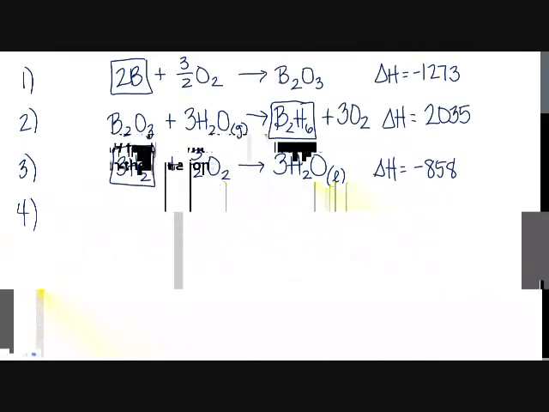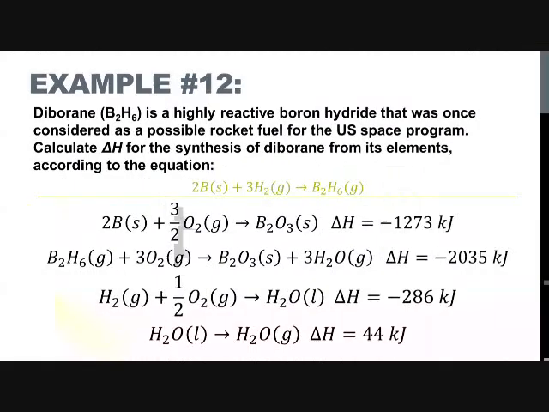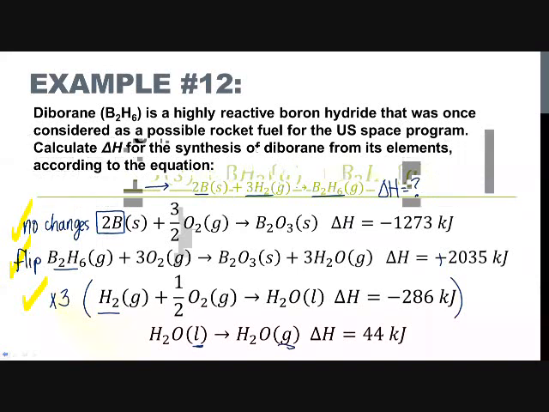So looking at my newly changed reaction, I got the gas on the left and the liquid on the right. So in my fourth equation, liquid has to be on the left, gas has to be on the right. And it is such as that. So this one will have no changes. And it's simply here so that we can cancel out all of the waters.